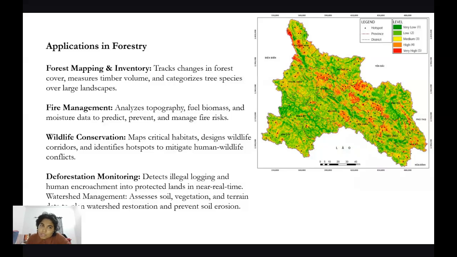So applications in forestry. When we talk about forests, a natural forest, it is said that it is at a higher risk from human encroachment than any area that has been converted from natural forest to human plantation or agricultural areas.